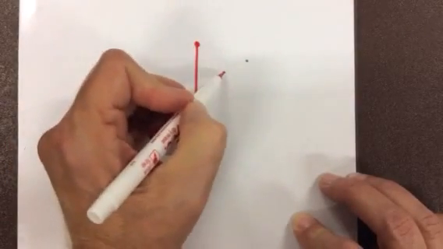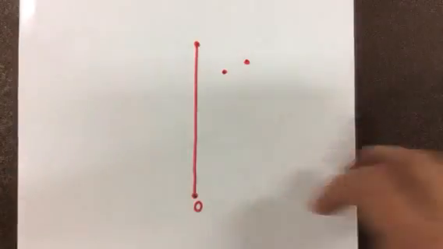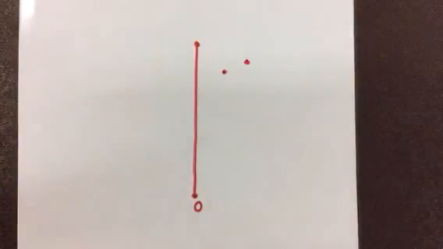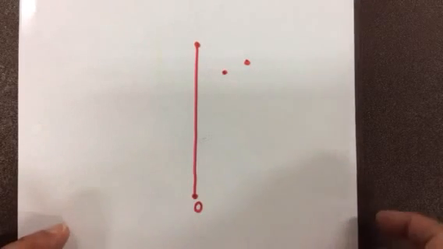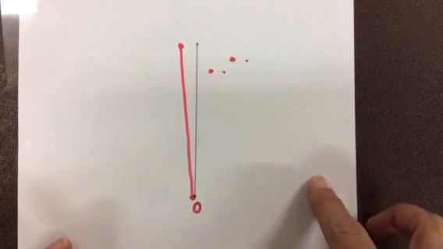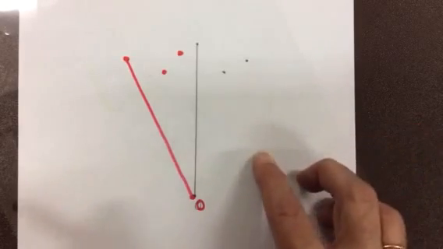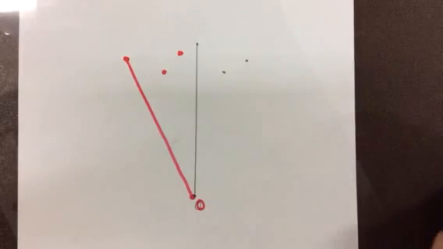I'm going to draw another point up here, and then a couple other points. So we're going to be rotating this collection of points, this line segment, and points around some amount of rotation. We'll go positive around point O. So we'll rotate it, looks like about 30 degrees over here.